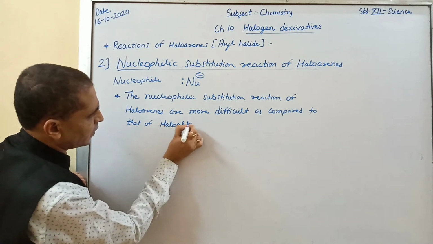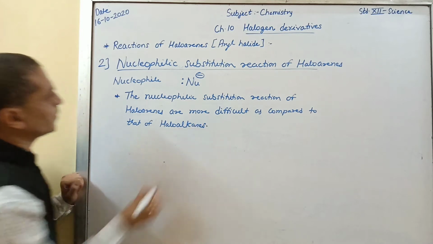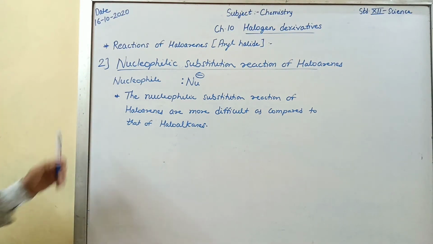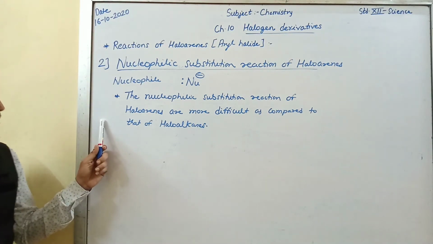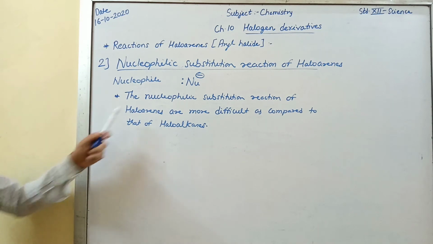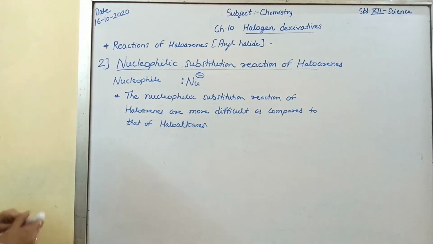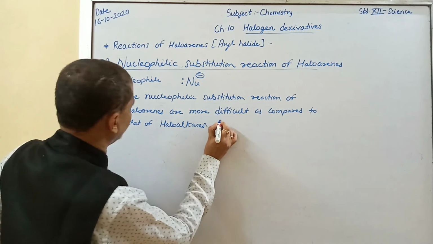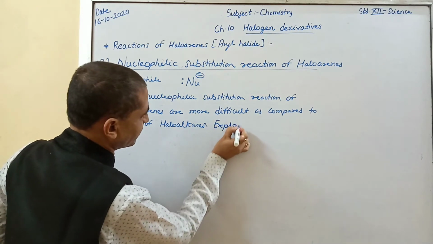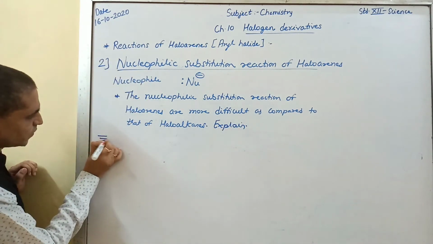Haloalkanes means alkyl halides, or we can say aryl halides less readily undergo nucleophilic substitution reaction. So we will see the reason. Sometimes we are asked to explain. So come to the solution.